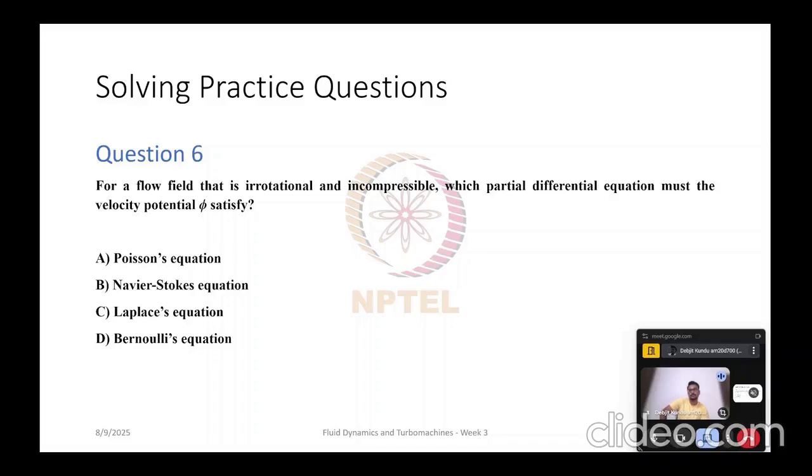Is it option A, the Poisson's equation? Option B, the Navier-Stokes equation? Option C, the Laplace's equation? Or option D, the Bernoulli's equation?